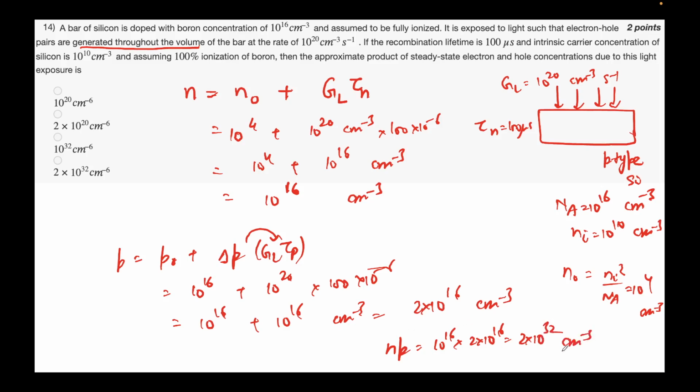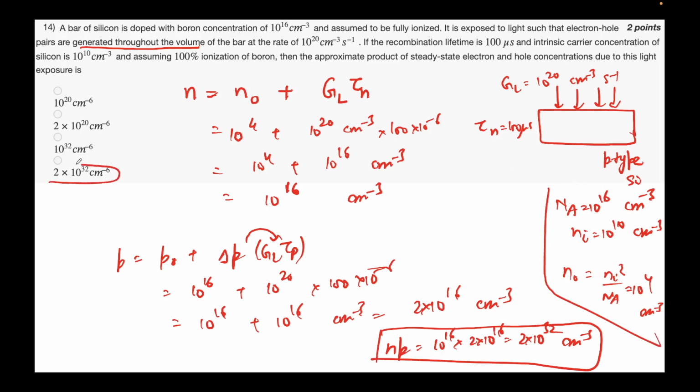For thermal equilibrium, it should be ni square, which is not the case here, right? So the correct option is this. The unit shall be cm minus 6, obviously. So you can clearly see that np equal to ni square is not valid anymore when you are shining light. Please take that into account.